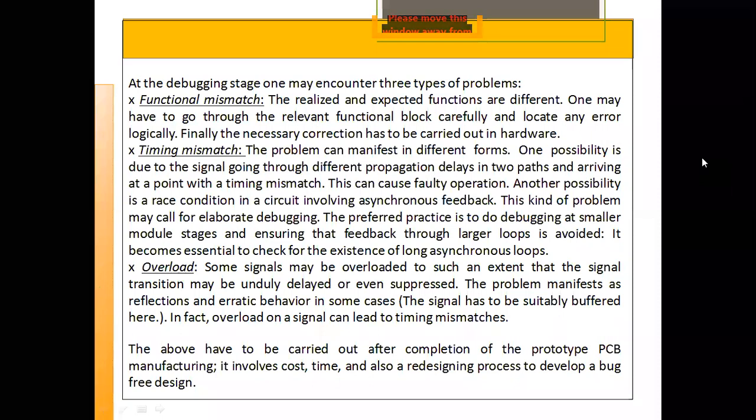One possibility of this timing mismatch is signals going through different propagation delays in two paths and arriving at a point with timing mismatch, and this may cause faulty operation. Another possibility is the race around condition. You can see it in flip-flops.